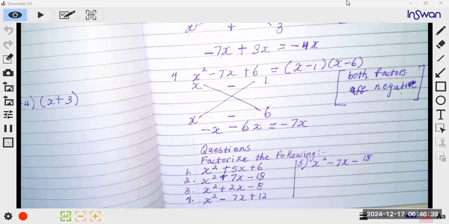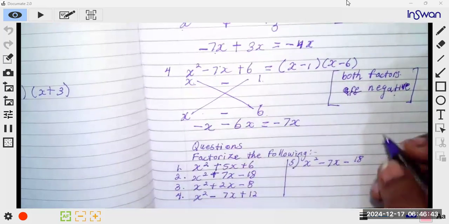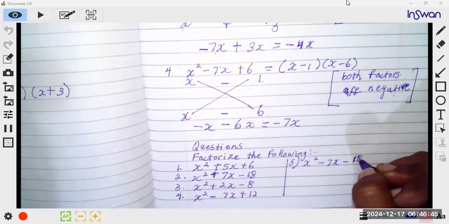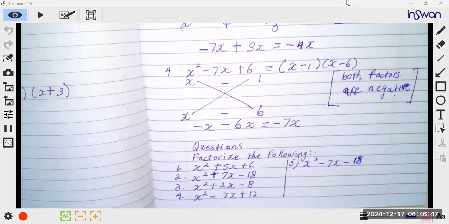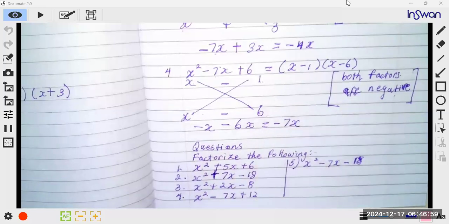Miss, can you repeat the number 5? Number 5 is x squared minus 7x minus 18. Isn't that the same question as number 2? Now, number 2 is x squared plus 7x minus, okay.